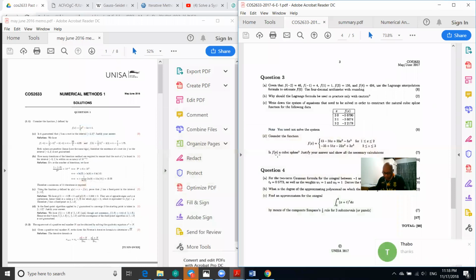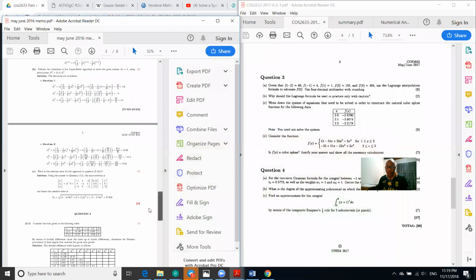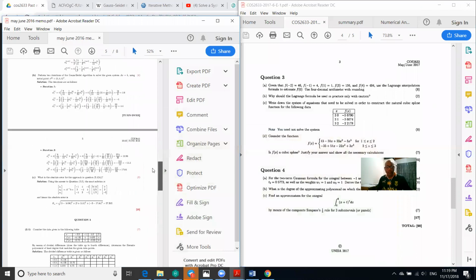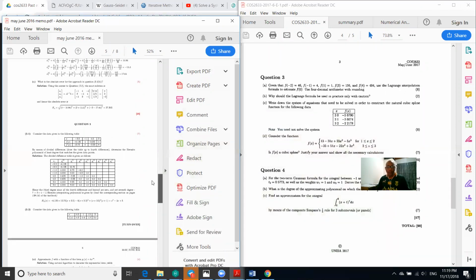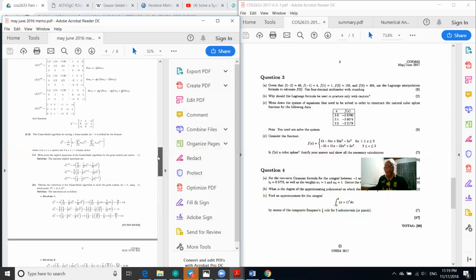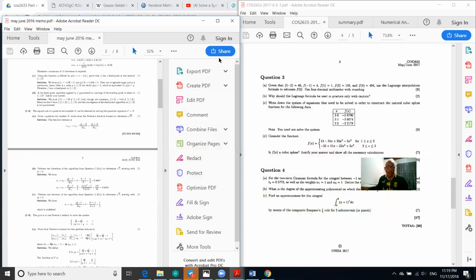Question 3. Use the Lagrange interpolation formula. Have you seen this question before?